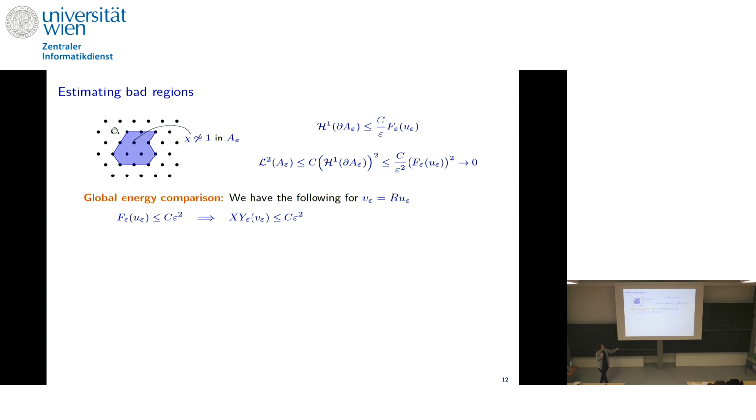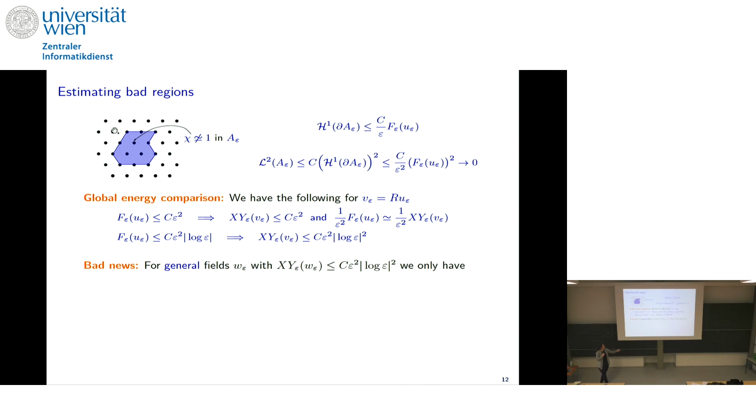If my original energy was bounded by this scaling, then I have the same bounds for my ferromagnetic XY energy, because here I'm also getting epsilon squared. And also I can compare the two energies.